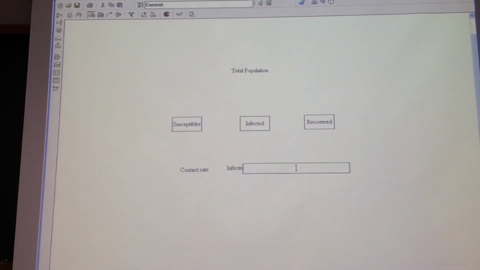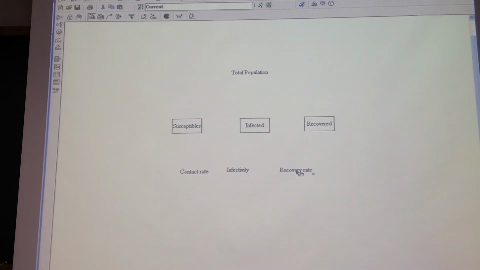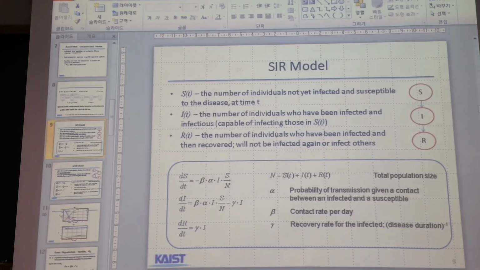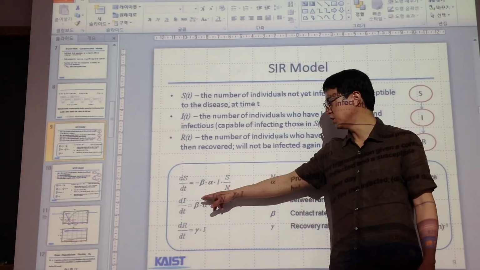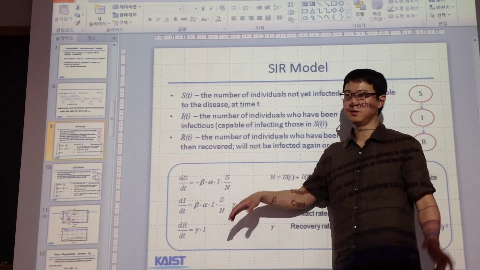And recovery rate. That's pretty much it, right? So here I have as auxiliary variables, constants in this case, beta, alpha, and gamma. That's all I need.